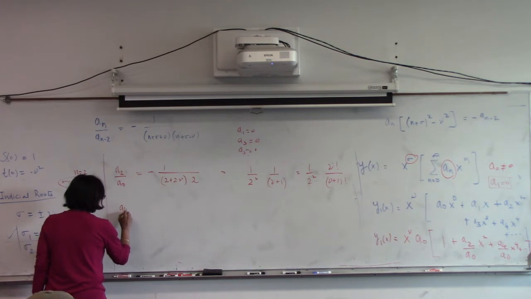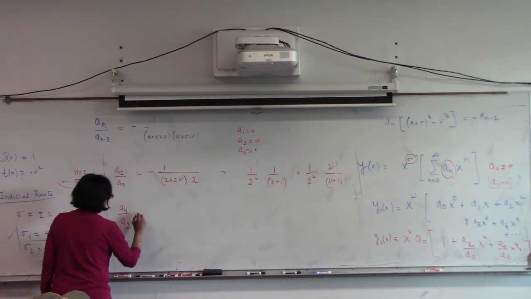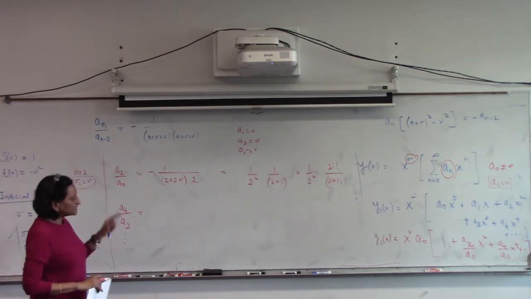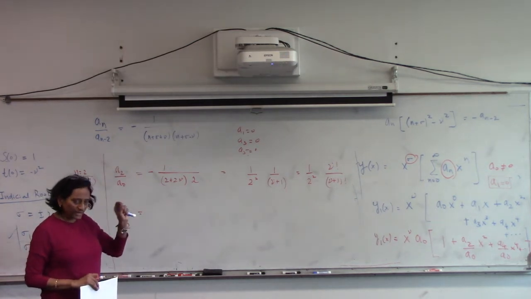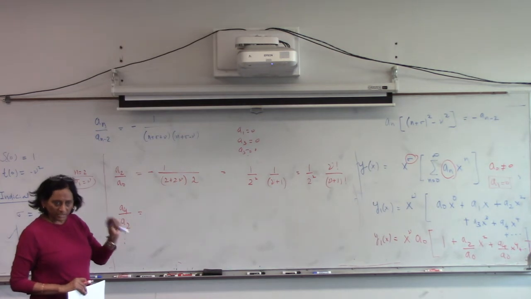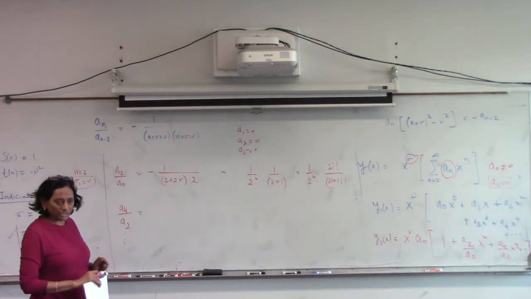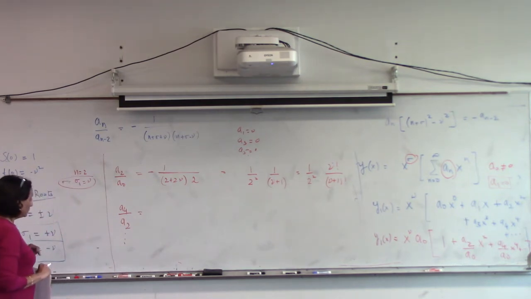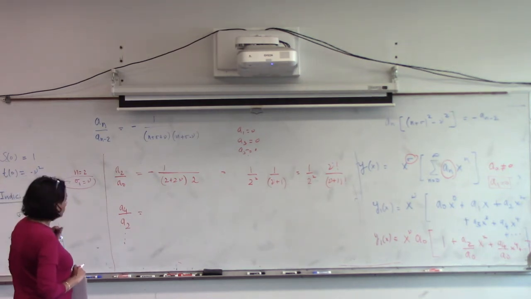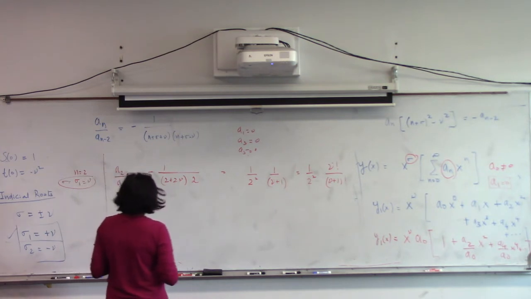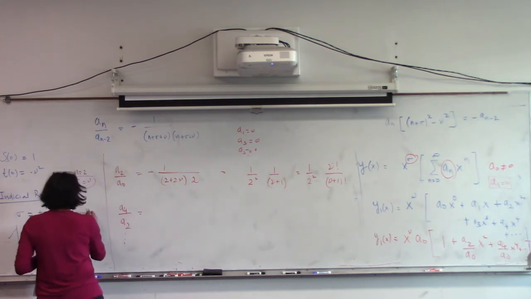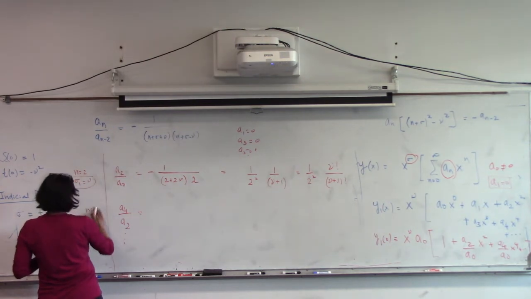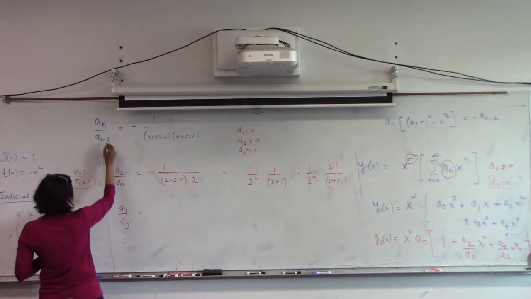Let's get A4 over A2 and then let's start predicting the general term. It's not just calculating a few terms, you have to predict the general term of this series. That's why you can write it in a compact notation or identify that series as a function. That's what we normally have to do. What is A4 over A2? I put n equal to 2 in that expression, and then n equal to 4, right, then I get that.